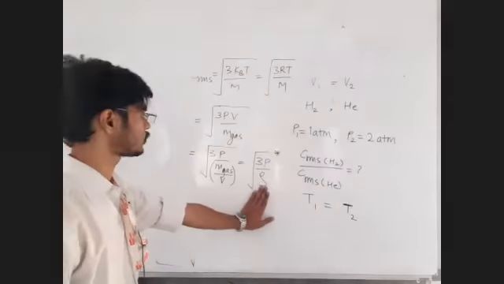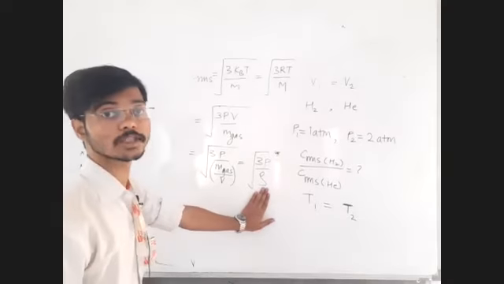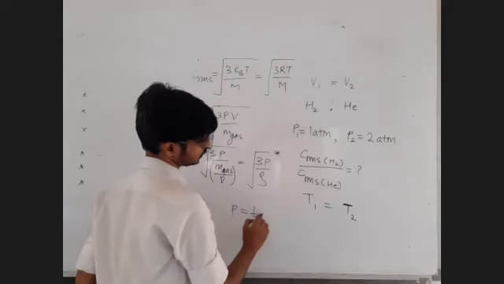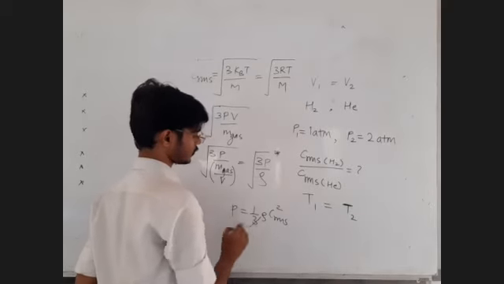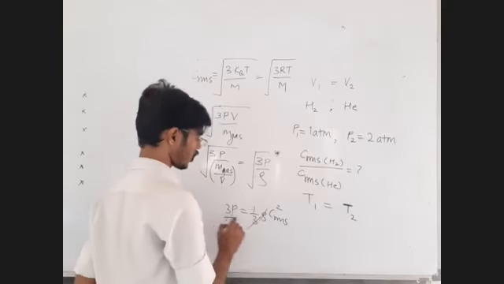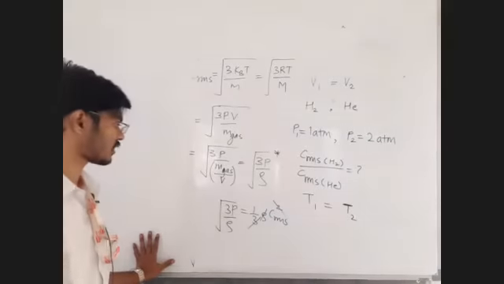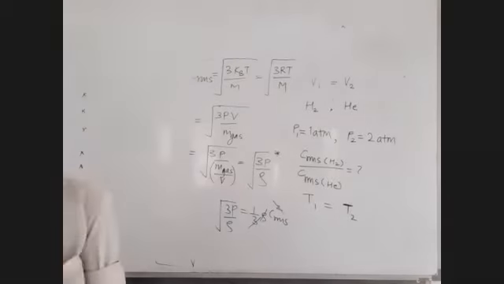Pressure of a gas, P is equal to 1 upon 3 rho CRMS square. Taking the 3 and rho to the left hand side and taking square roots on both sides, CRMS is equal to under root 3P upon rho. Yes, that formula also we have already seen.